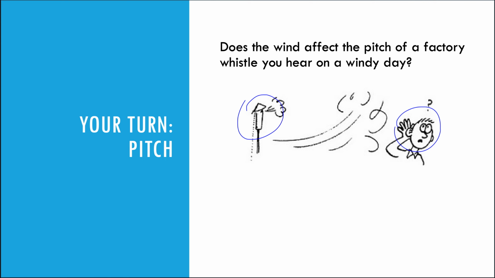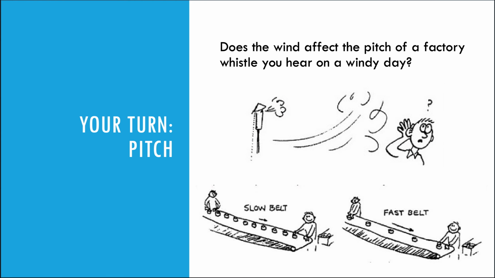I have a good analogy that I found to explain this. Think about this conveyor belt, and let's say that you're putting an item on the belt every second. Can you see that if this person puts an item on the belt every second, then this person will receive an item every second as well. And let's say it's a slow belt. Now let's say if we have a fast belt. So now the medium is moving faster. That's like the wind blowing.